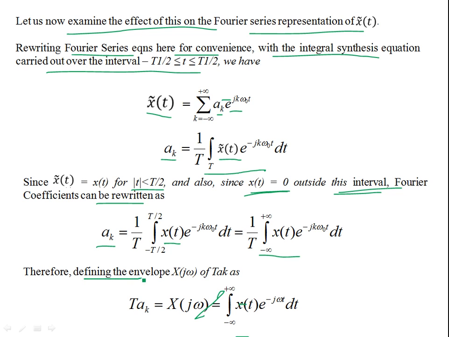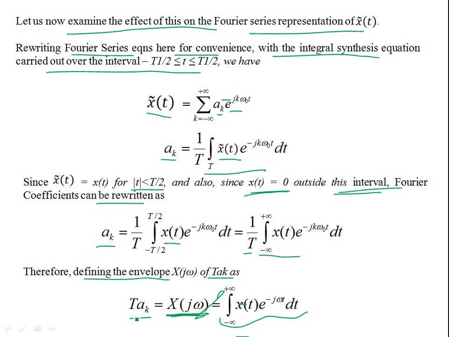Therefore, defining the envelope, we define the envelope X(j omega) of T a_k as follows. You bring T on the other side to the left hand side of the equation, this becomes T a_k, and this function is now being called X(j omega), where X(j omega) is the integral of x(t) e to the minus j omega t dt.